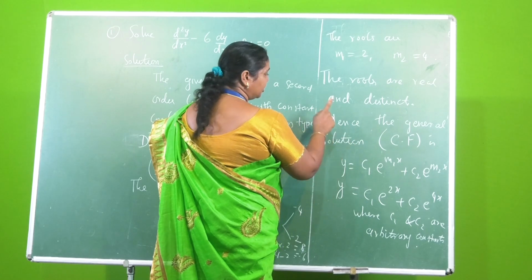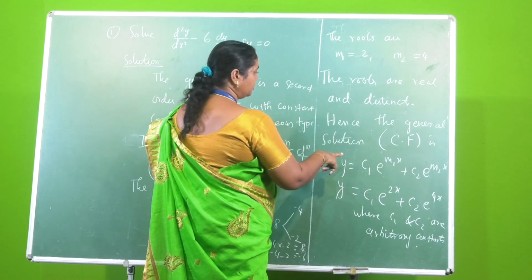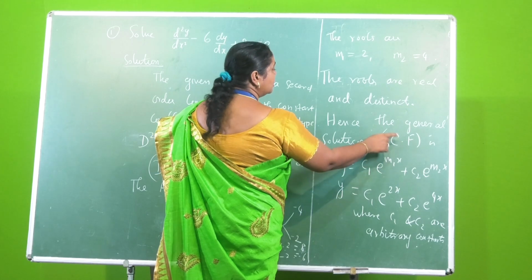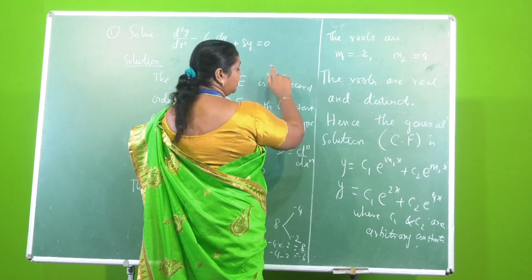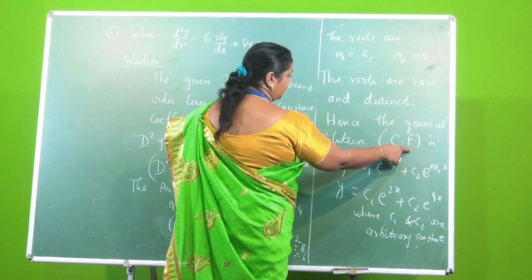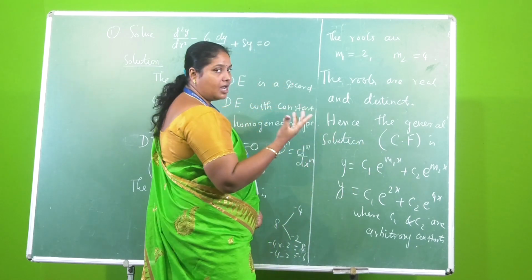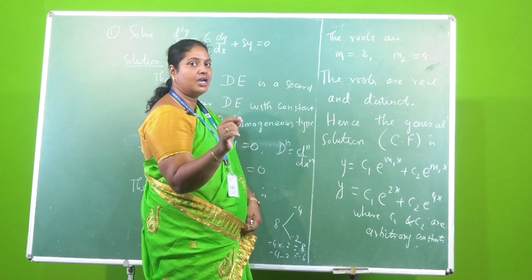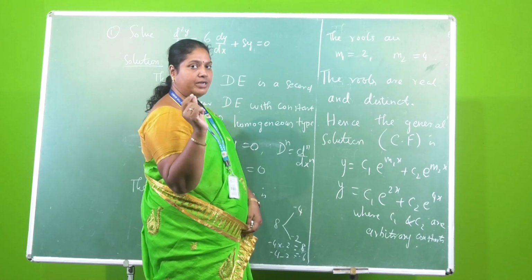So as we mentioned in the three properties formulas, if the roots are real and distinct, what is the general solution? The solution of the homogeneous type is sometimes called the complementary function, in short CF. You may be asked in the questions to find the general solution, or sometimes to find the complementary function.